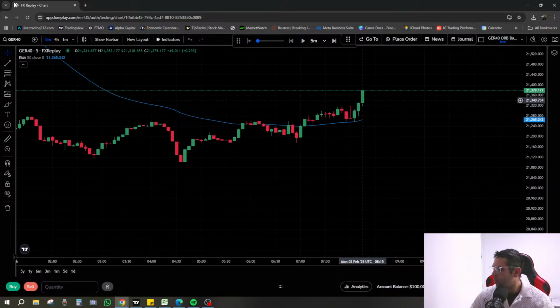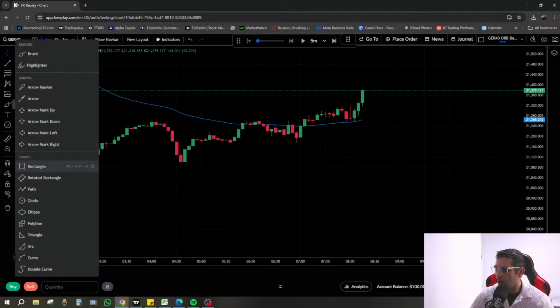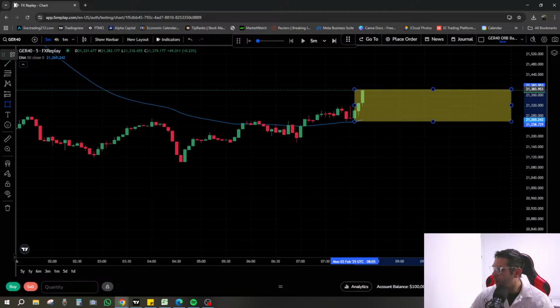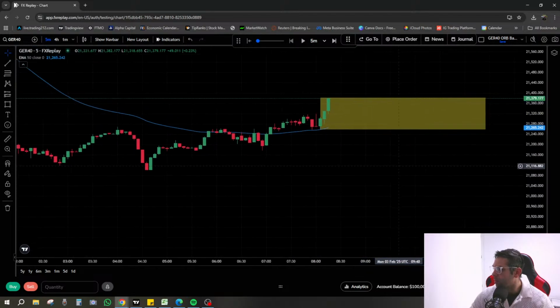So this is our 15-minute range. So we got 3 5-minute candles. I will mark out the high and the low of these candles.